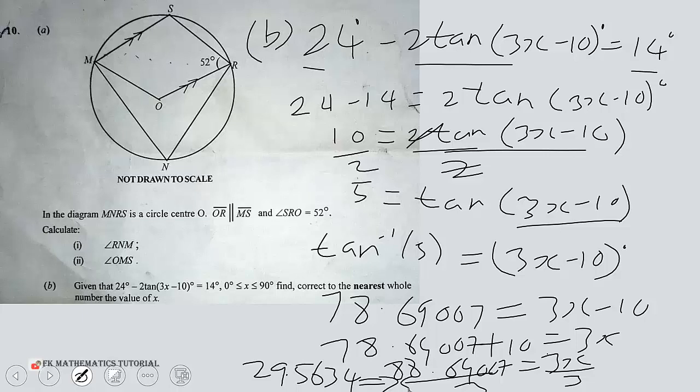So to the nearest whole number, x is equal to 30 degrees.